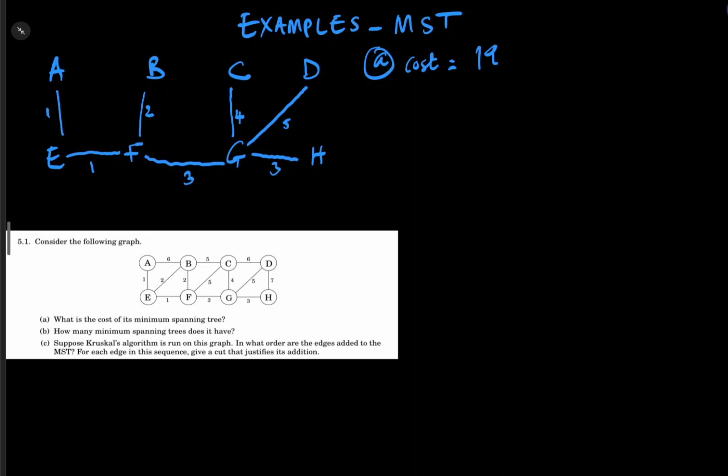So B, how many minimum spanning trees do we have from this graph? Well, it's possible to have more than one minimum spanning tree. So this one already drawn here is a minimum spanning tree. If you remember when we were drawing this graph, the edge from B to E has the same cost as the edge from B to F. So while this is a minimum spanning tree we could get from that graph, we could also have done something like this.